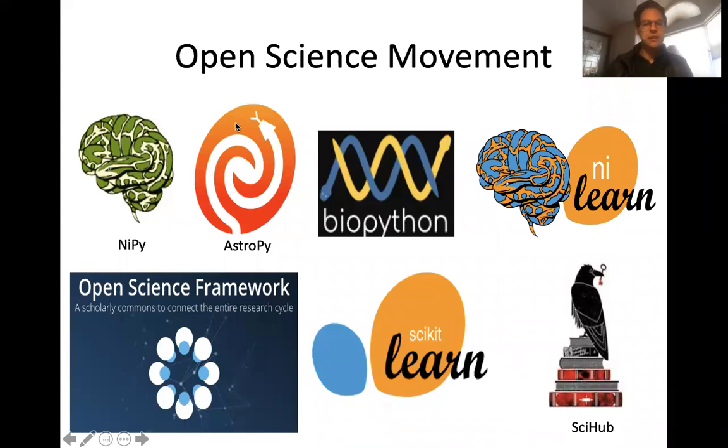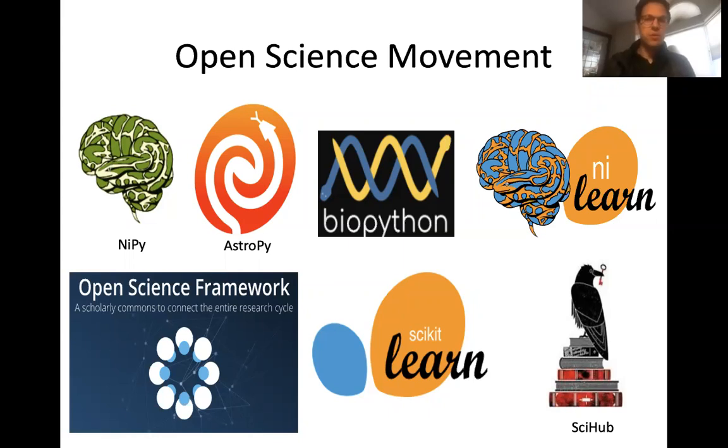AstroPy has a lot of specialty functions and packages for astronomy. BioPython is for the biological sciences, etc. One of the cool things is that they all work together and share a lot of the same underlying architecture. If you're familiar with how some of the functions work in NiPy or in Nilearn, you'll see that under the hood, they're running the same NumPy, SciPy, and Scikit-learn functions that AstroPy and BioPython, etc., are all using.